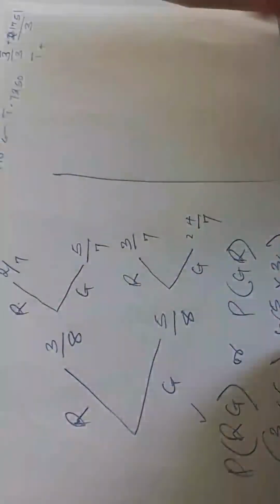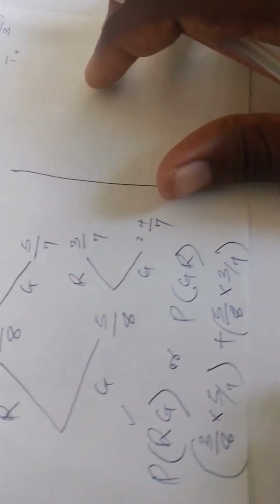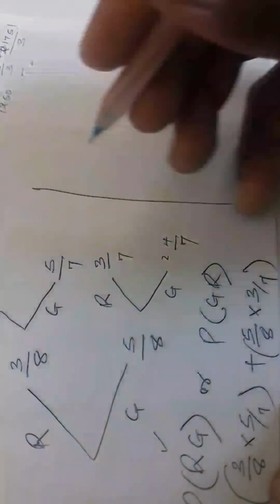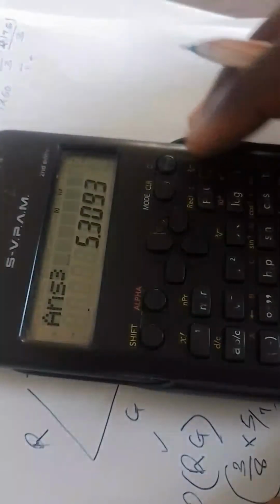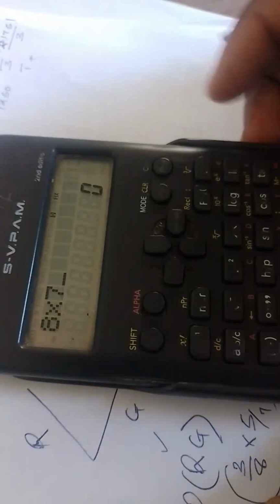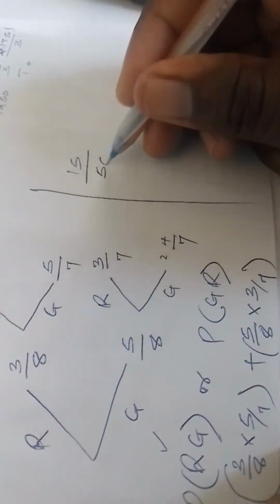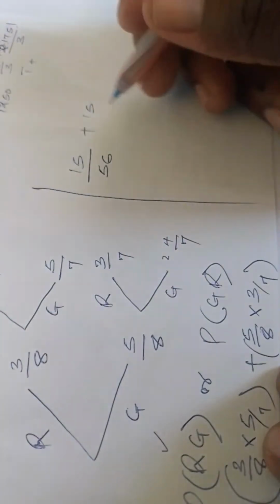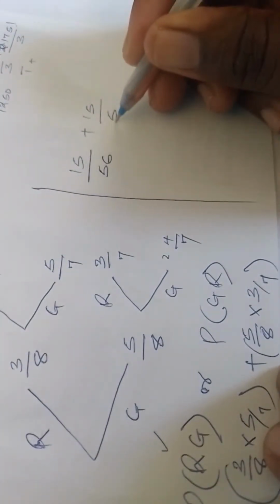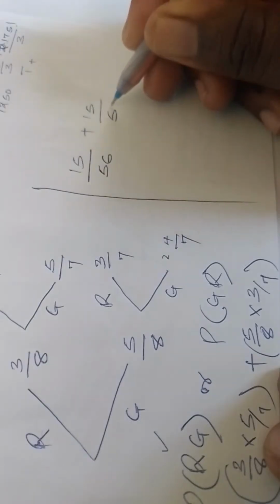So finally, if you multiply 3 times 5, that is 15 over 8 times 7, 8 times 7 is equivalent to 56. This one will be 15 over 56.